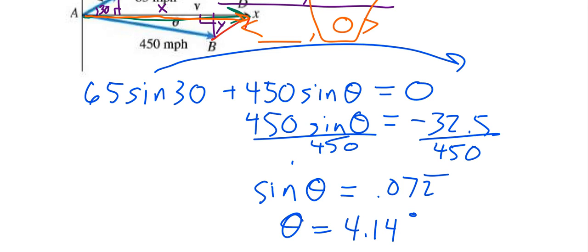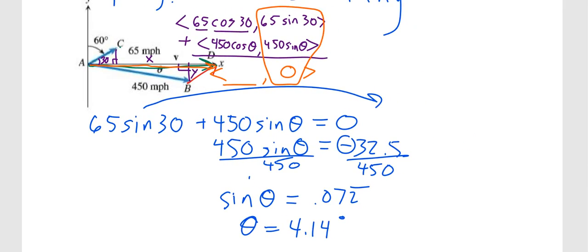Oh, I didn't get negative. When you inverted the sine? Oh, I forgot the negative on the 450. No, there wasn't. I had a negative. Oh, I forgot the negative on the 32.5. That's why. Okay, okay. All right. So that should have been negative, and now I get that.